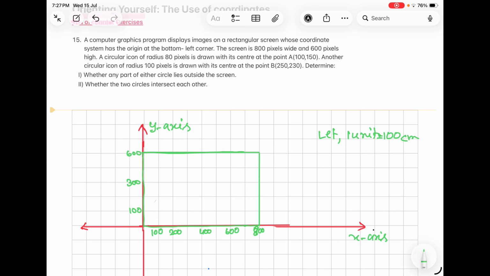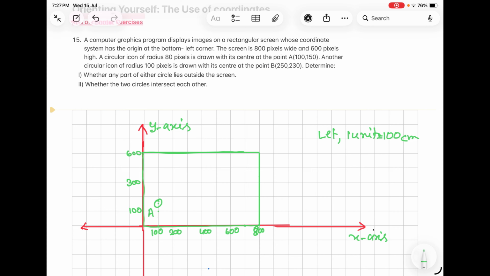Now a circular icon of radius 80 pixel is drawn with the center at the point A, whose coordinates are given, 100 and 150. First we plot a point on this plane whose coordinates are 100, 150. Where is 100? This one. So 100, and this is 150.